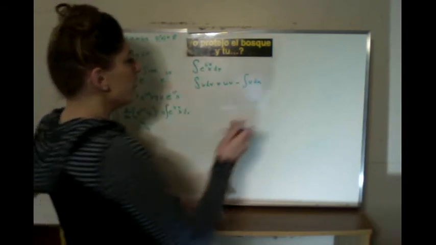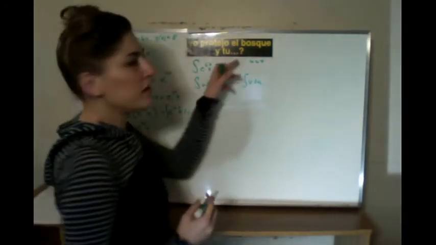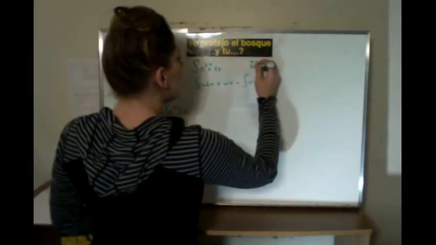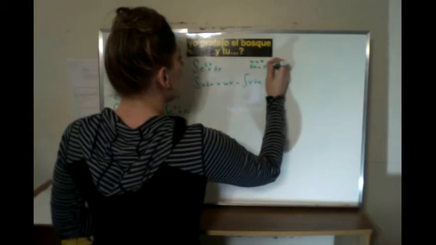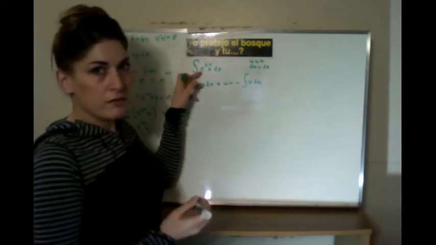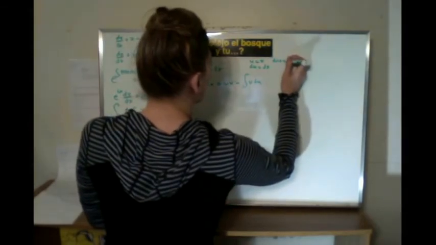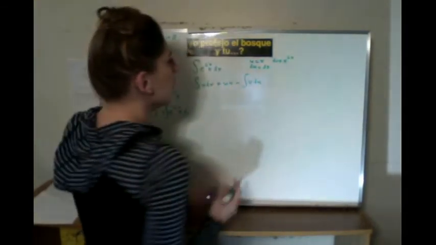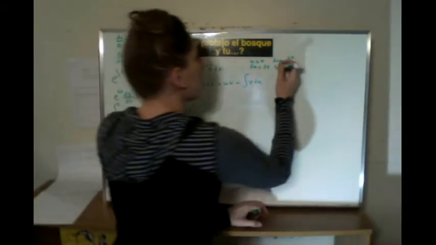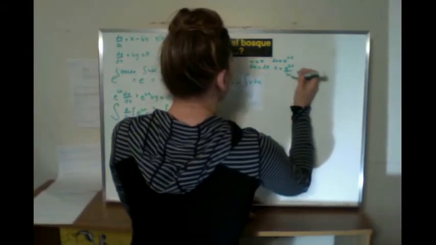We're going to choose u equals x, because that gives us a simpler derivative, so that our du equals 1 times dx. Then we set dv equal to e to the 6x. Now we can take the antiderivative to give us v, so that our v equals e to the 6x over 6.